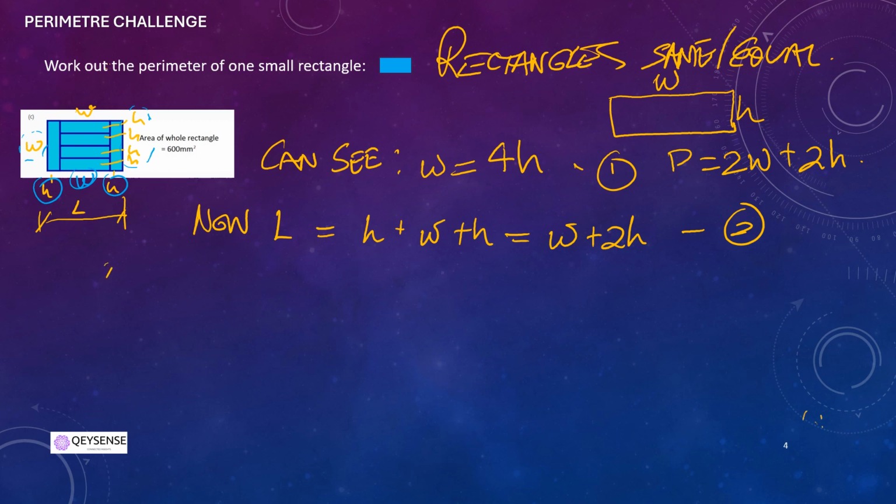Now if we substitute equation 1 into 2, W equals 4H, so therefore equation 2 becomes 4H plus 2H, which equals 6H. And that's equation 3.